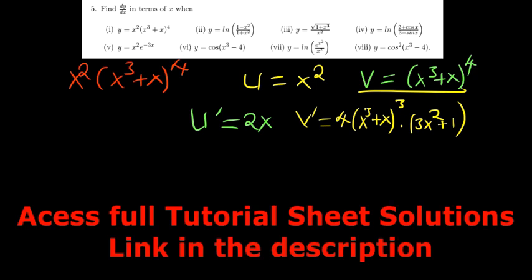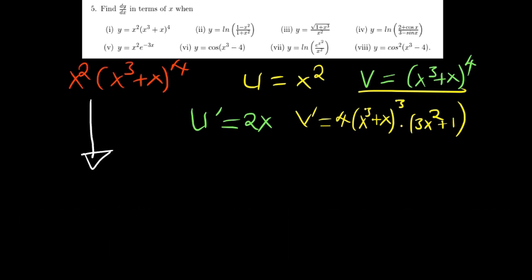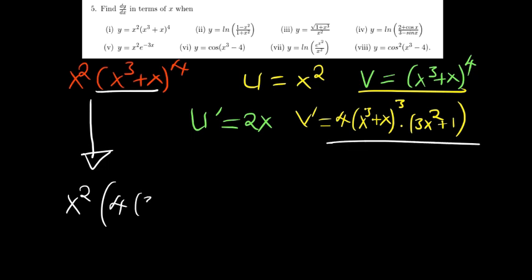The basic argument of the product rule is that it doesn't matter what you start with. So I'll start with x squared, and then I'll multiply by the derivative of the other part, which is 4, open brackets, x to the power 3 plus x to the power 3 multiplied by 3x squared plus 1.